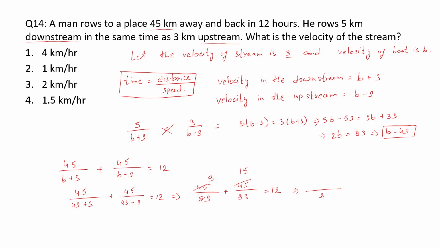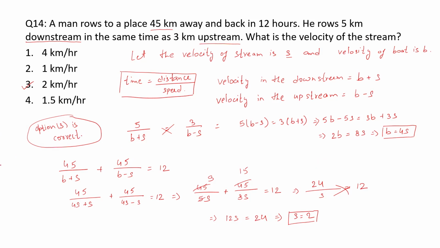Down below you have s. 15 and 9 is 24, over s, is equal to 12. Do cross multiplication. You will have 12s is equal to 24. So this will give you s is equal to 2. That is the answer: 2 kilometers per hour. What is the velocity of the stream? It is 2 kilometers per hour. So option 3 is correct. Is the problem clear?